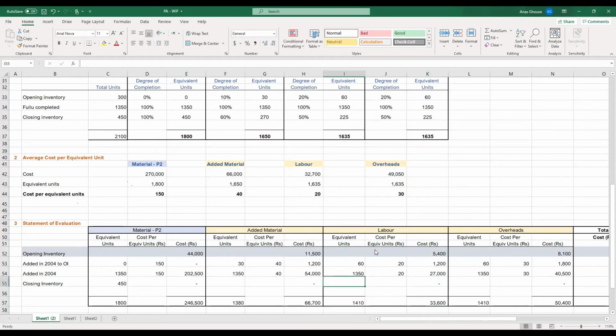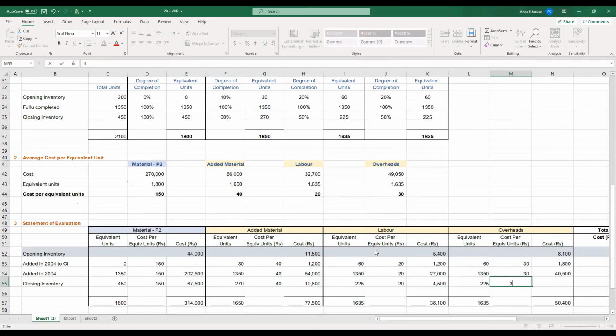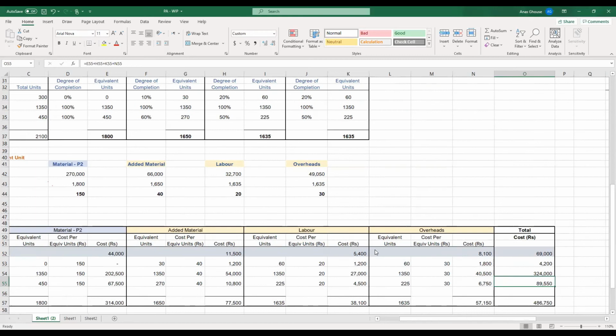So we'll take 270, 225 and 225. Now we'll take the cost. So 150, same cost, 40, 20 and 30. So thereby the total cost for closing inventory will be 89,550.